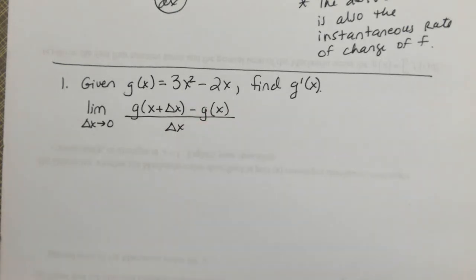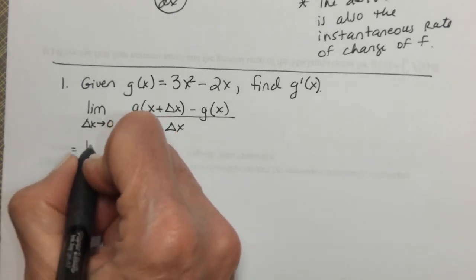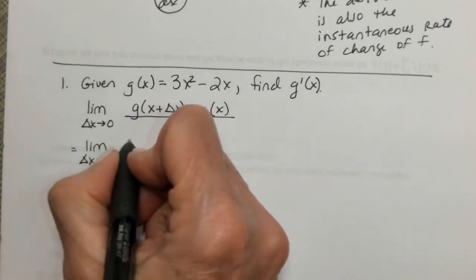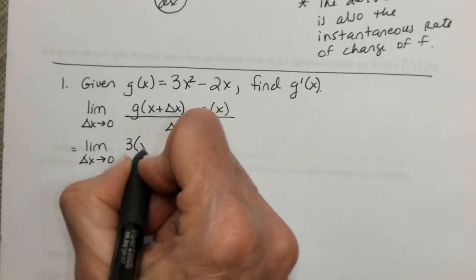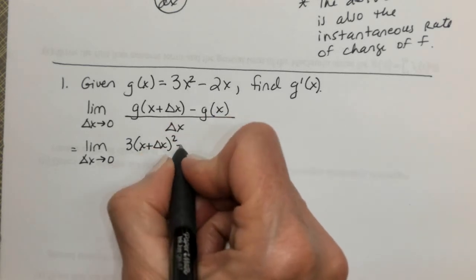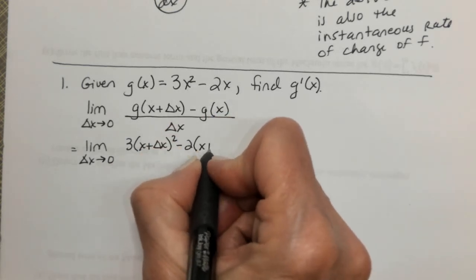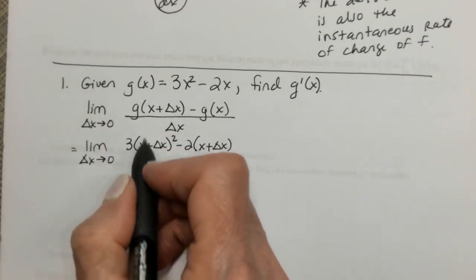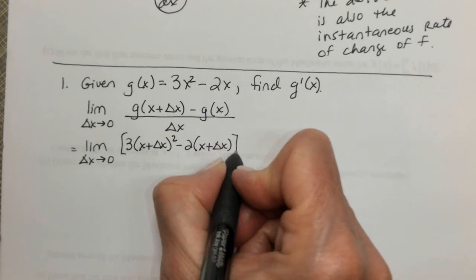When I do that, let me rewrite limit. I'm going to have 3 times x plus delta x squared minus 2 times x plus delta x. That is my g of x plus delta x. I'm going to put those in brackets to separate those slightly.